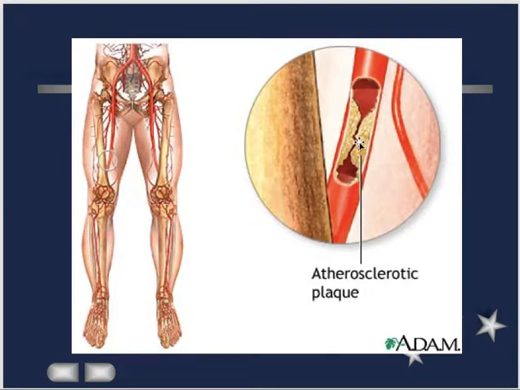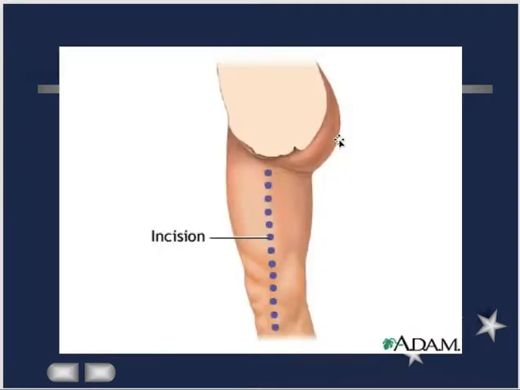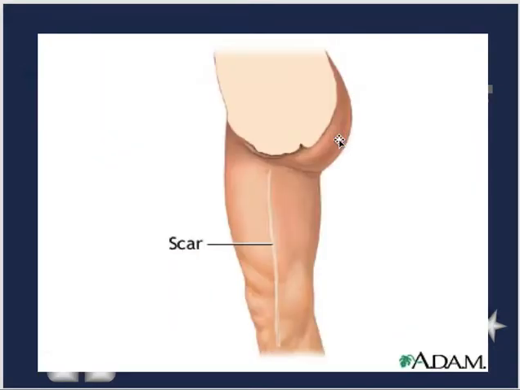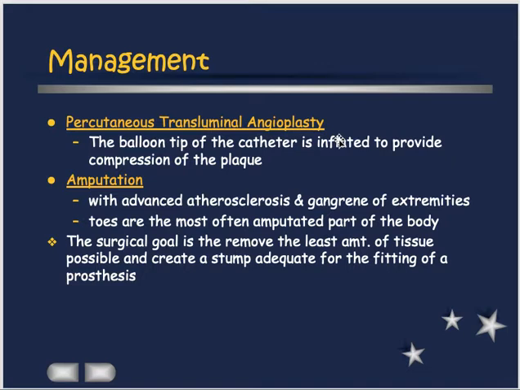This is a plaque, incision. Percutaneous transfemoral angioplasty can also be done, and amputation, as I told you. Whenever there is any gangrene, of course, amputation is the only thing.